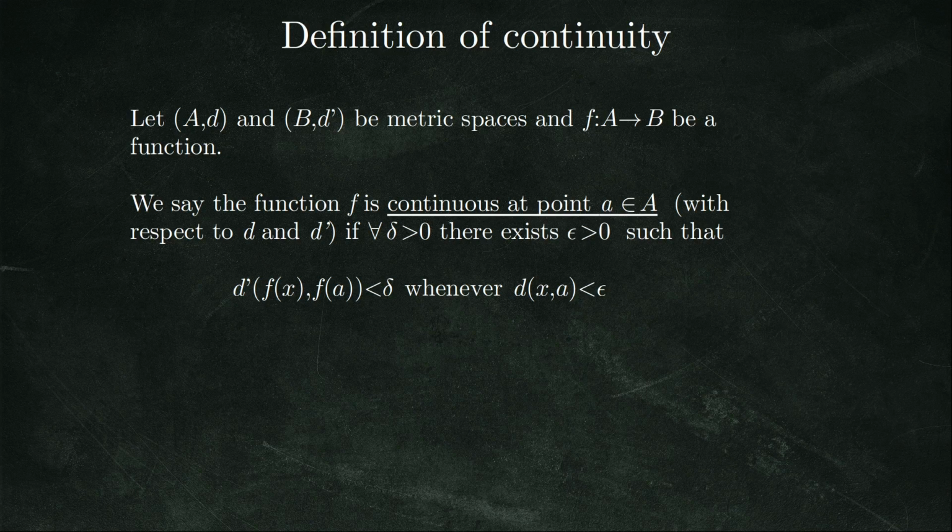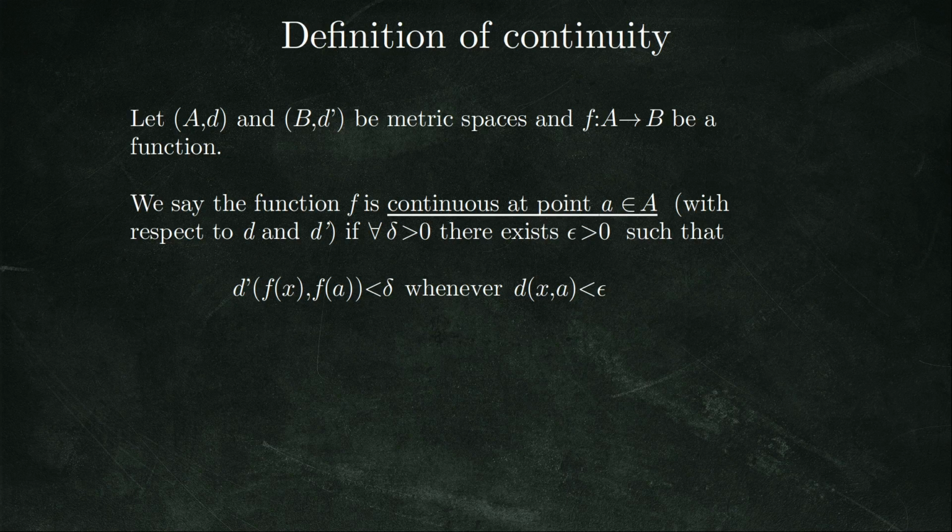So what that means is, however close we want to be in our codomain B, so that is the distance between f of x and f of a, we want that to be less than delta, then we can always find an epsilon such that if the 2 points in the domain, x and a, are less than a distance epsilon apart, then the image of those 2 points is necessarily closer together than delta.